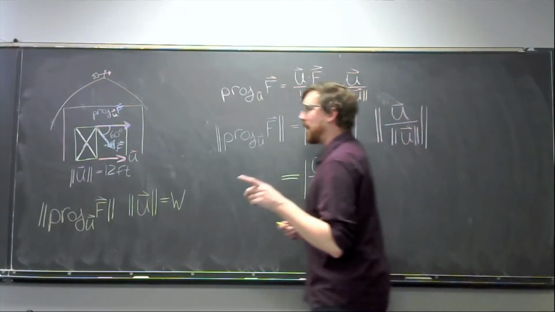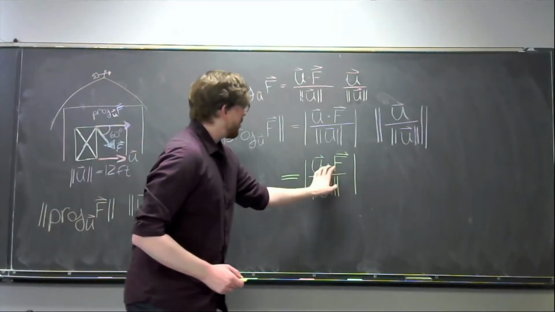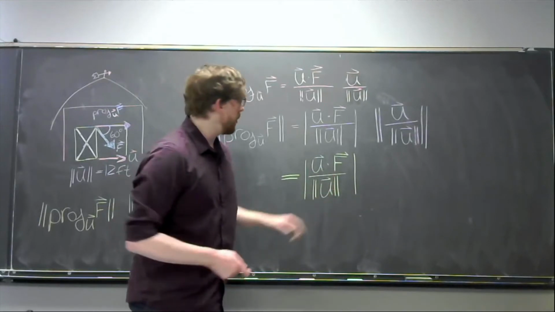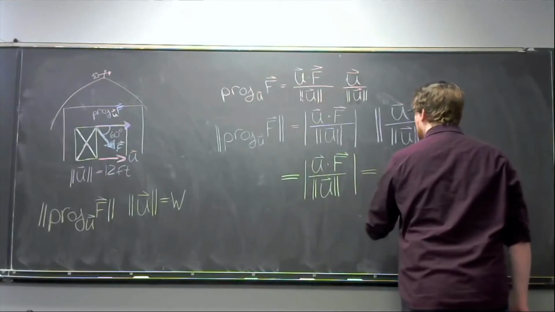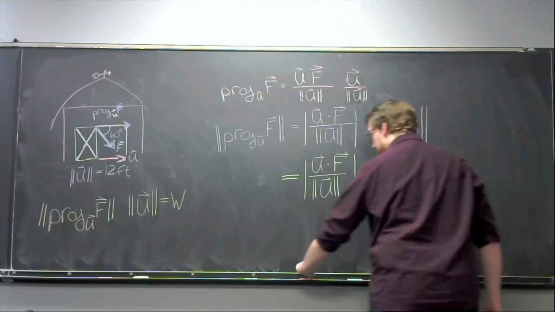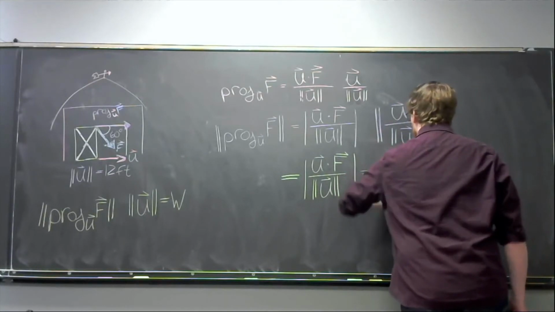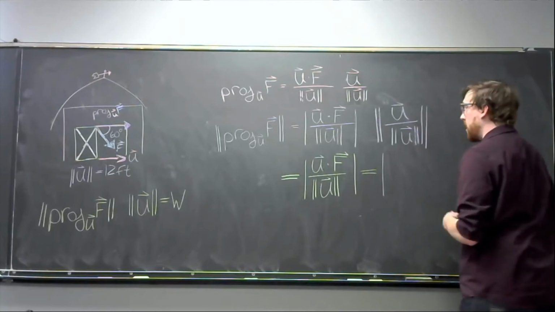But hey, wait a minute. Didn't we also have something about dot products? Didn't we say we could rewrite it in terms of cosine? Yeah, we did. We said we could rewrite dot products using the magnitude of our vectors and a cosine of the angle between them, right?